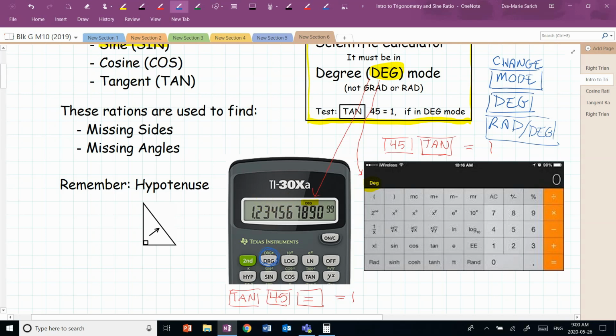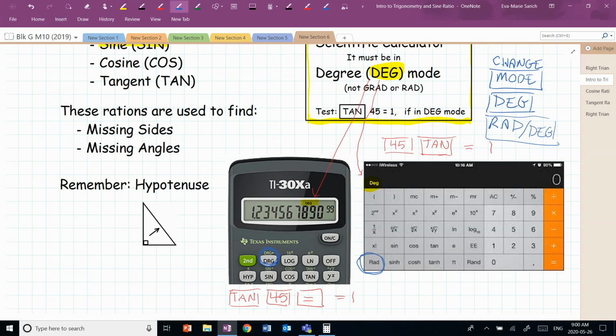Now, for the calculator on the cell phone, there's a button here that says rad. If you press that, you'll see it turn to rad up there, and then this will turn to degree or to grad, okay? And then it'll just change from mode to mode, okay? So you're using those buttons.